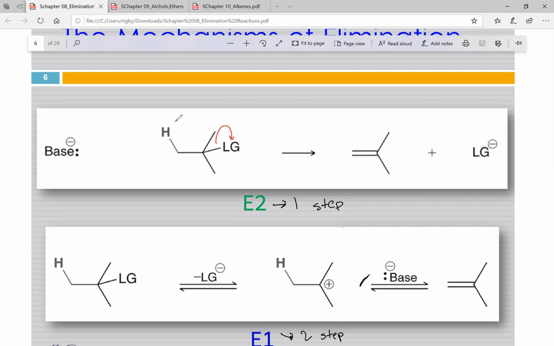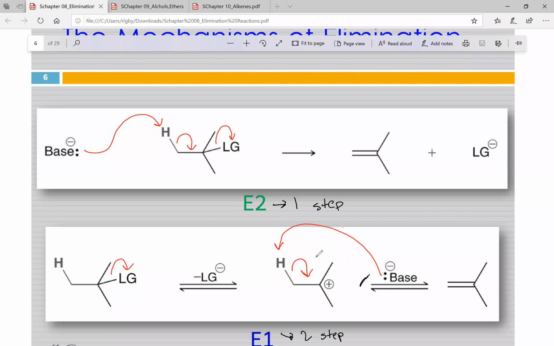The leaving group leaves, the base grabs onto the beta hydrogen, and the carbon-hydrogen bond becomes our new double bond. However, in E1, the leaving group leaves first. We have our carbocation, and then the base grabs onto the hydrogen, and that carbon-hydrogen bond becomes a new double bond. So in E2, everything happens at once; in E1, we make a carbocation first.